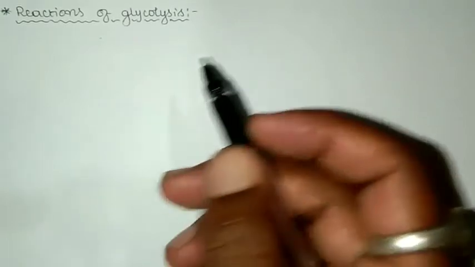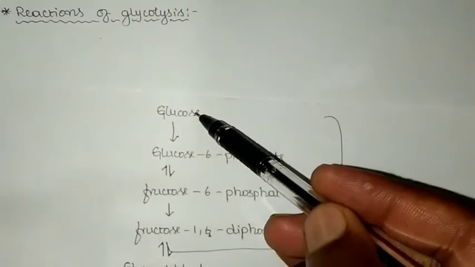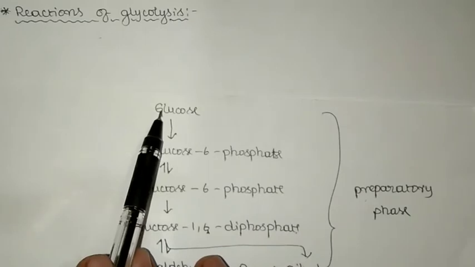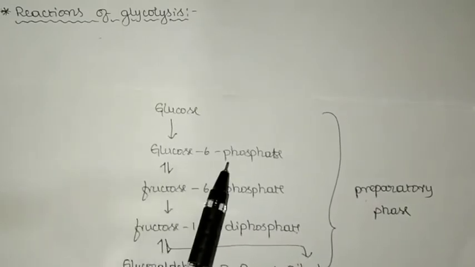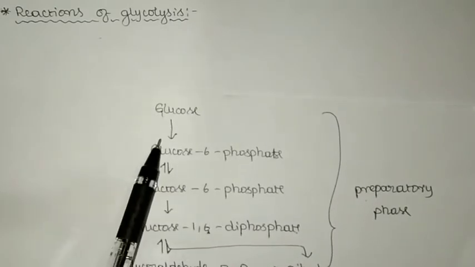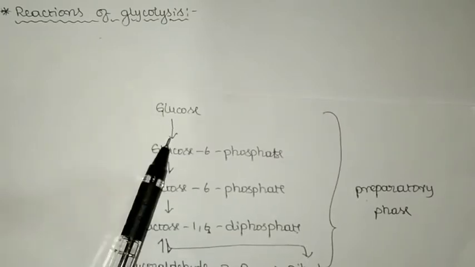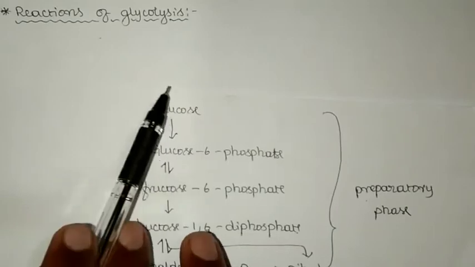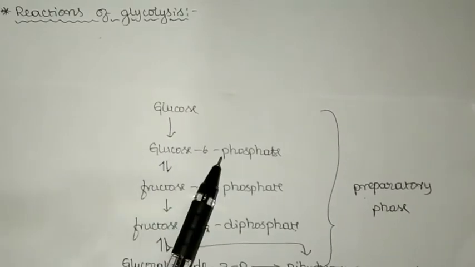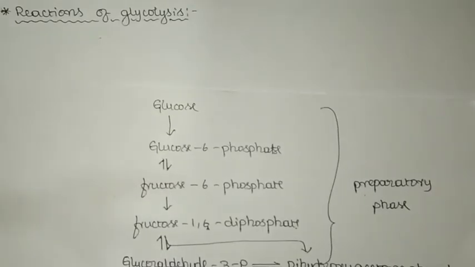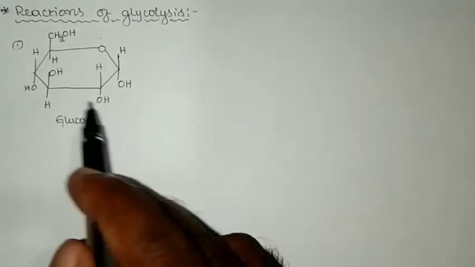So the first conversion in the EMP pathway of glycolysis is conversion of glucose into glucose 6-phosphate. Here we can notice glucose is converting into a phosphate, meaning glucose is undergoing phosphorylation. So there should occur utilization of ATP in converting glucose into glucose 6-phosphate, and that we shall see in the reaction.